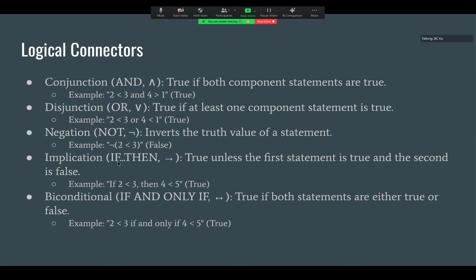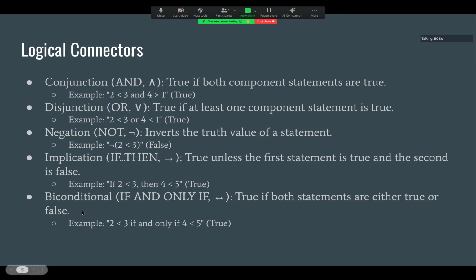And implication: an implication, if A then B, is true unless A is true and B is false. For example, if 2 is less than 3, then 4 is less than 5 is true because 2 is indeed less than 3 and 4 is less than 5.